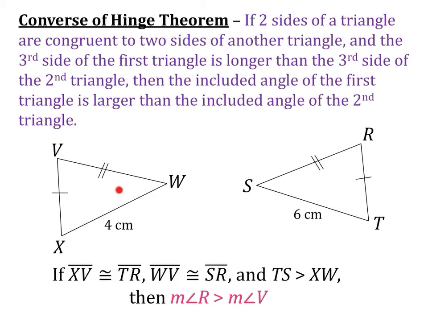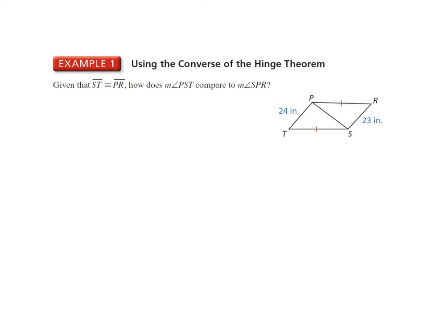But we do still have the corresponding parts that are congruent between the two triangles. So in other words, if you have a shorter side compared to a longer side of two triangles that have congruent parts, then the shorter side will be across from the smaller angle and the longer side will be across from the larger angle.